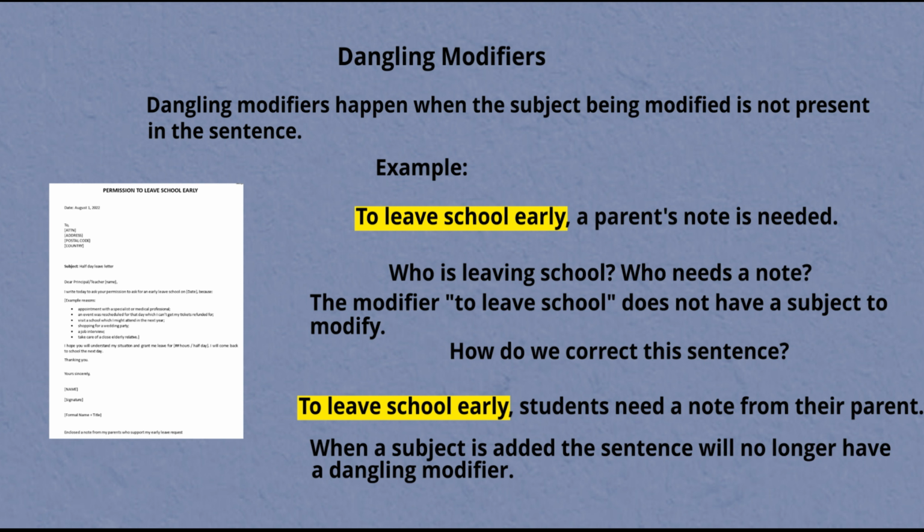It is students, because we added the subject students to the sentence, and this sentence will no longer have a dangling modifier. If you don't have the subject, it becomes a dangling modifier. Because you have the subject, this is a complete sentence without any dangling modifier. Understood?